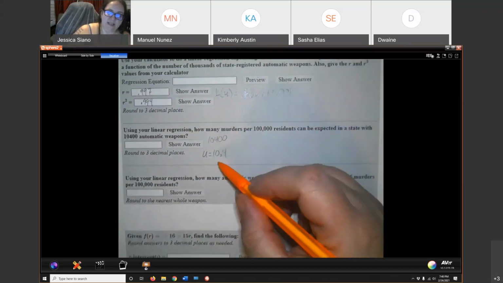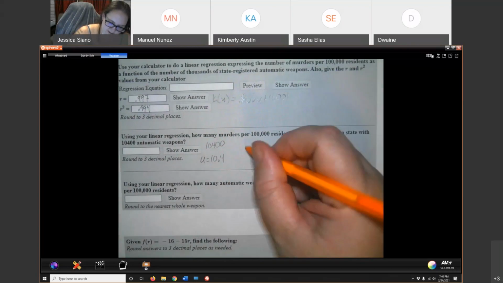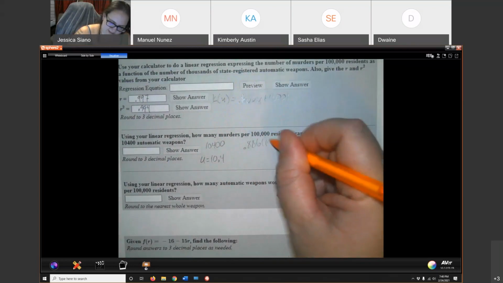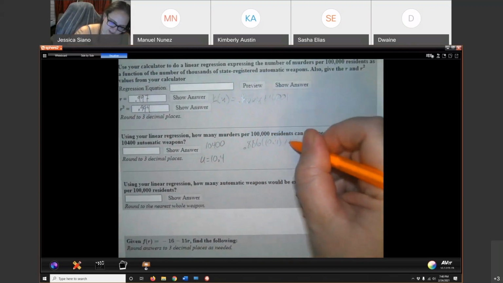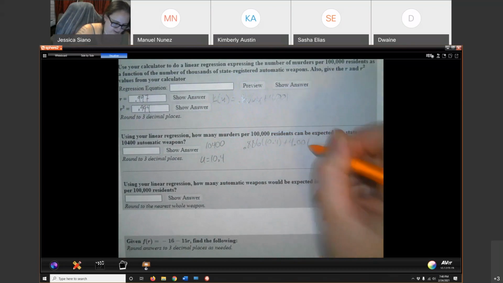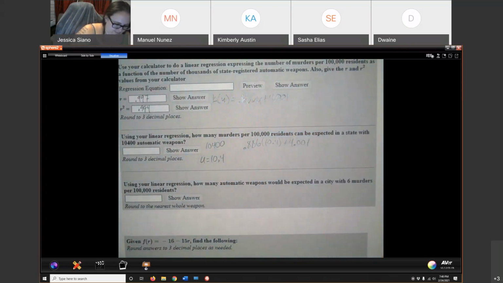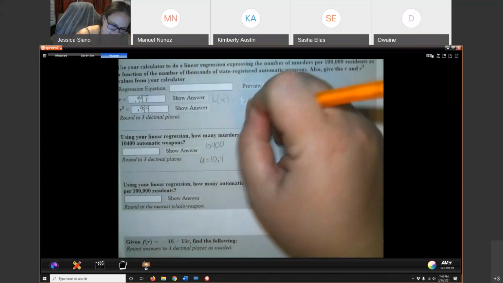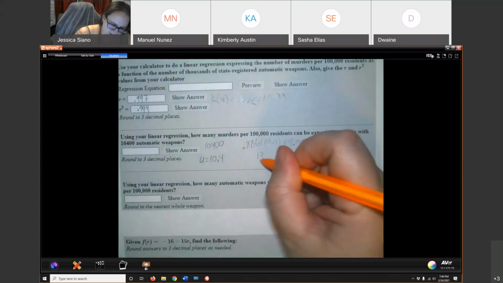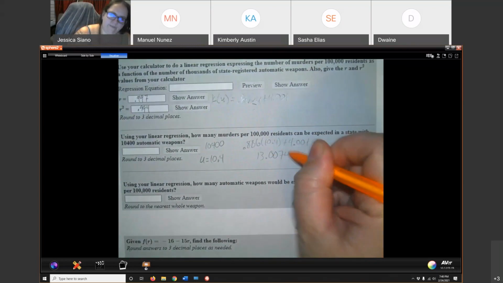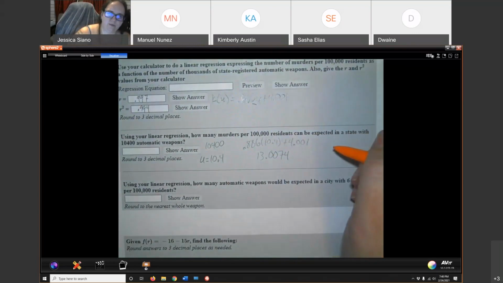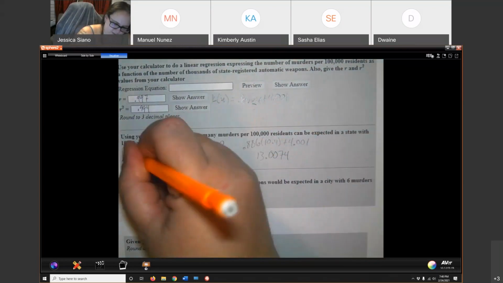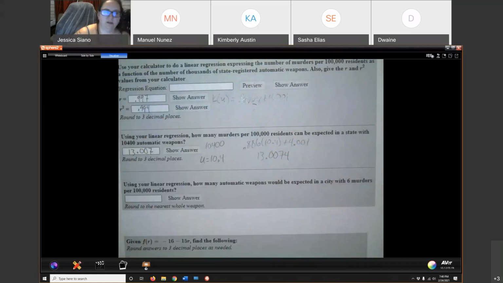And so I'm going to take that 10.4 and plug it in. 0.866 times 10.4 plus 4.001. So 3 decimal places would be 13.007.